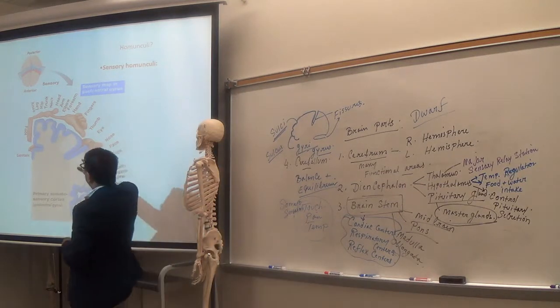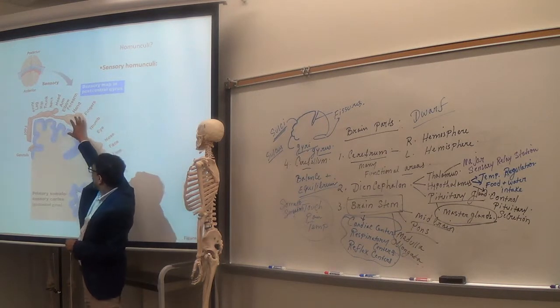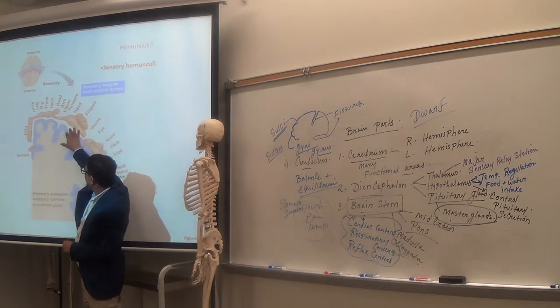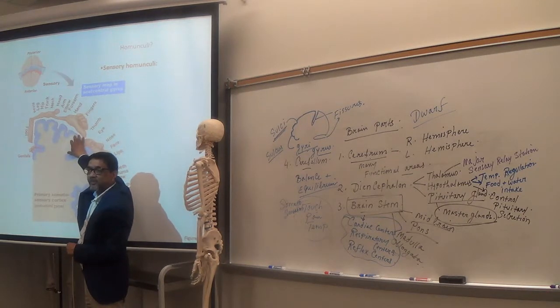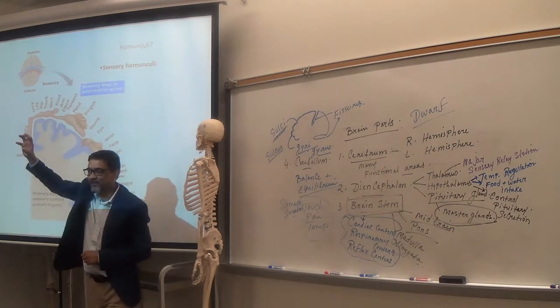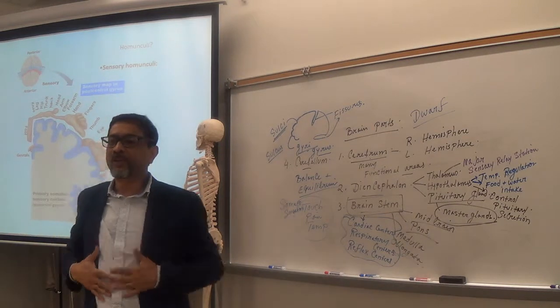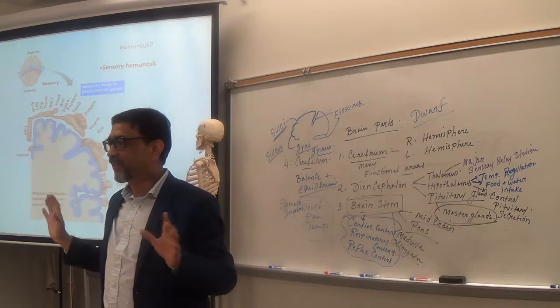Now, since we use our hands, or fingers, a lot to touch things, that's why this area needs bigger representation. That means we need more neurons to process those signals. Make sense? Very simple. The trunk, we don't use a lot to touch or feel things, right?